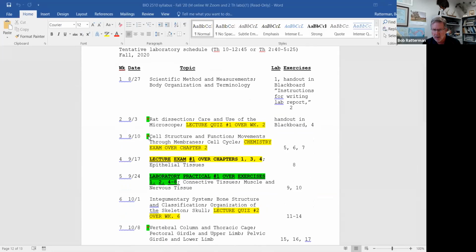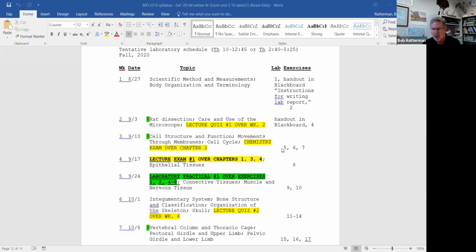So tomorrow, the second lab quiz is going to be over primarily the rat dissection and the microscope. You do not need to go back and worry about 1 and 2, because we tested on that last Thursday.